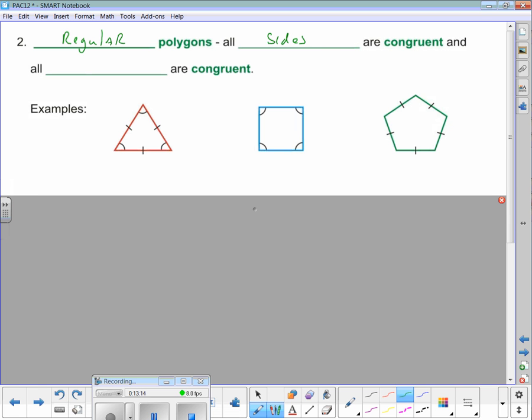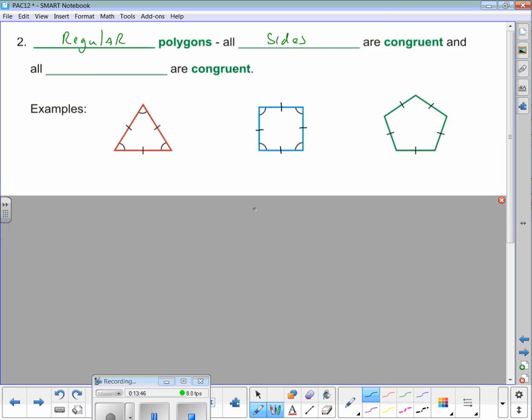Watch the triangle. Because this side has a 1 mark, let me go to my purple, and this side has a 1 mark, it means they're the same size, they're congruent. And that has a 1 mark, that means any side of that figure with a 1 mark is the exact same size. So all 3 of those sides are the same. Now when we get to our regular quadrilateral, you can go ahead and do this, we're going to put a 1 mark on all of its sides because that is a regular quadrilateral.